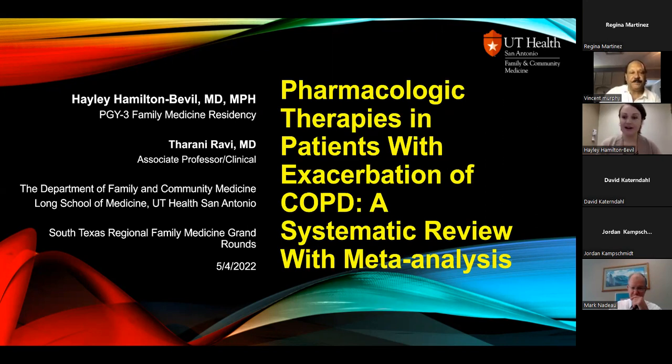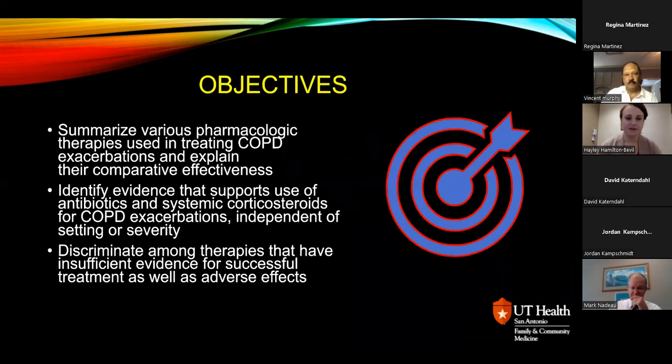So the title of the paper I'm going to be talking about today is Pharmacologic Therapies in Patients with Exacerbation of COPD, a systematic review with meta-analysis. Some of our learning objectives today are to summarize the various medications that can be used to treat COPD exacerbations and explain and compare their effectiveness.